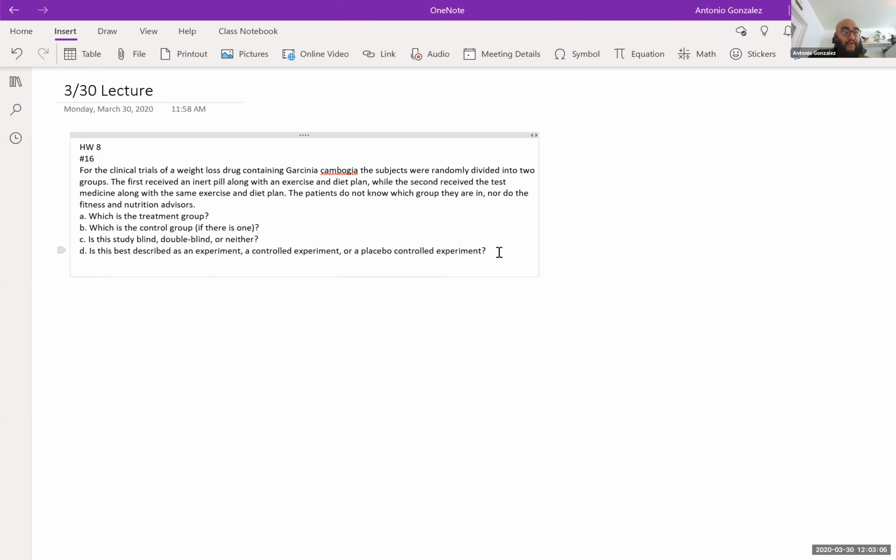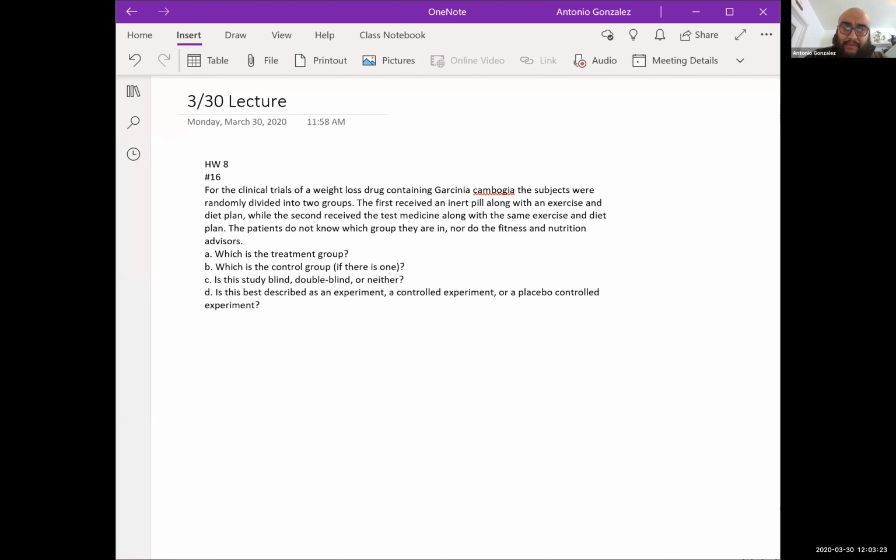All right, so it says for the clinical trials of a weight loss drug containing Garcinia cambogia, the subjects were randomly divided into 2 groups.